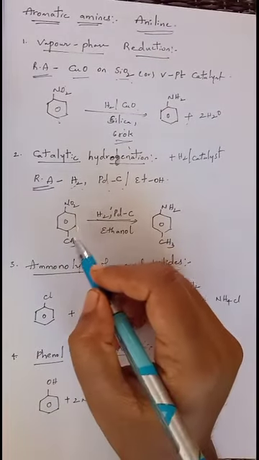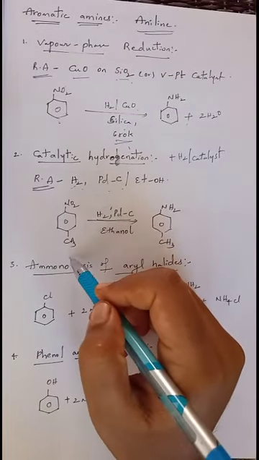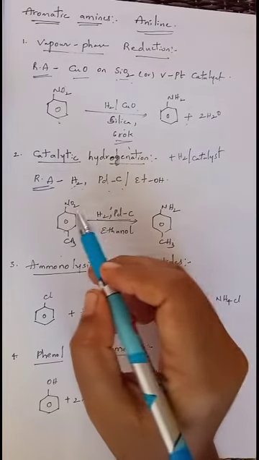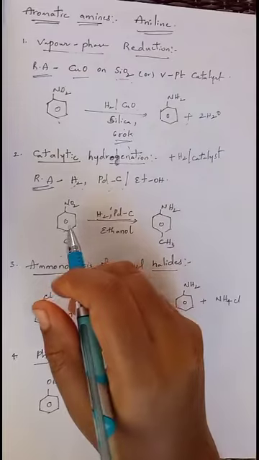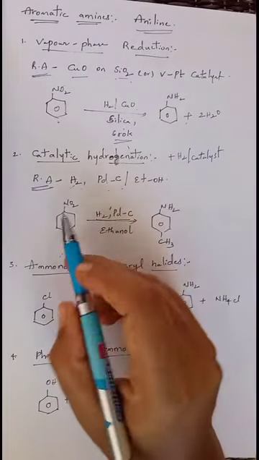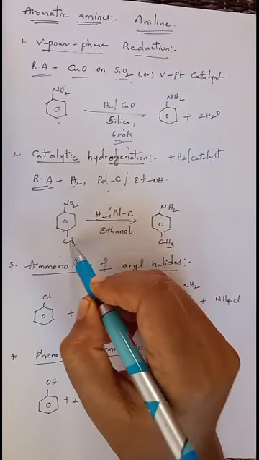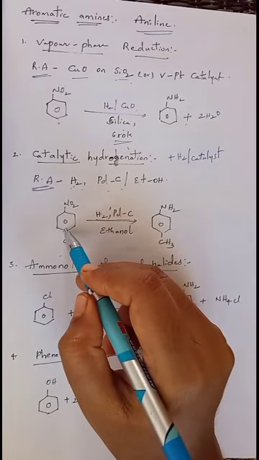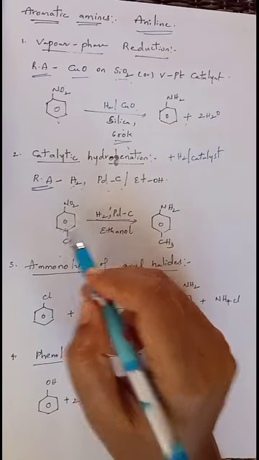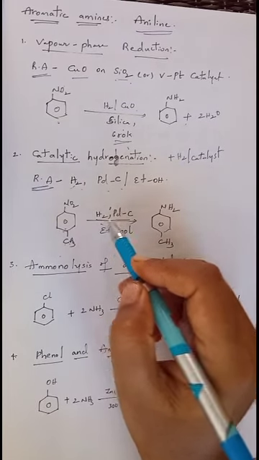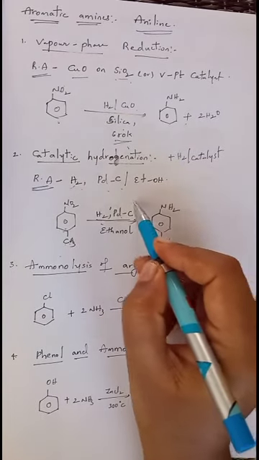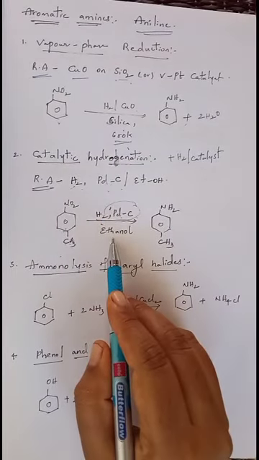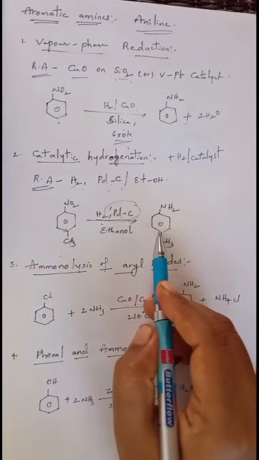Here I am taking paramethyl nitrobenzene, or 4-methyl nitrobenzene, as a reactant; simply nitrobenzene can also be taken, it doesn't matter. When it undergoes hydrogenation in presence of palladium and carbon in ethanol, it is converted into aniline.